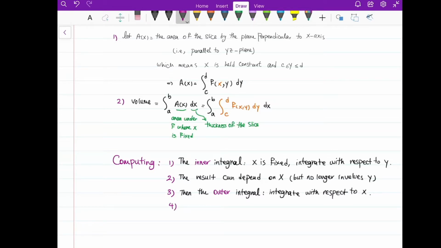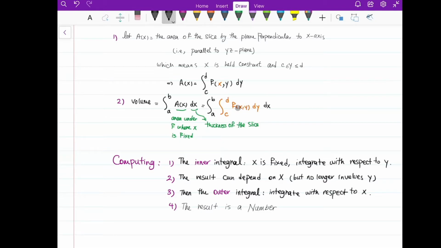And then after that, when we take the outer integral with respect to x, using again the fundamental theorem of calculus, we are going to replace all the x's by b, minus replace all the x's by a. So we don't have any x, we don't have any y, nothing else. So at the end of the day, the result is just a number for these specific integrals, right?